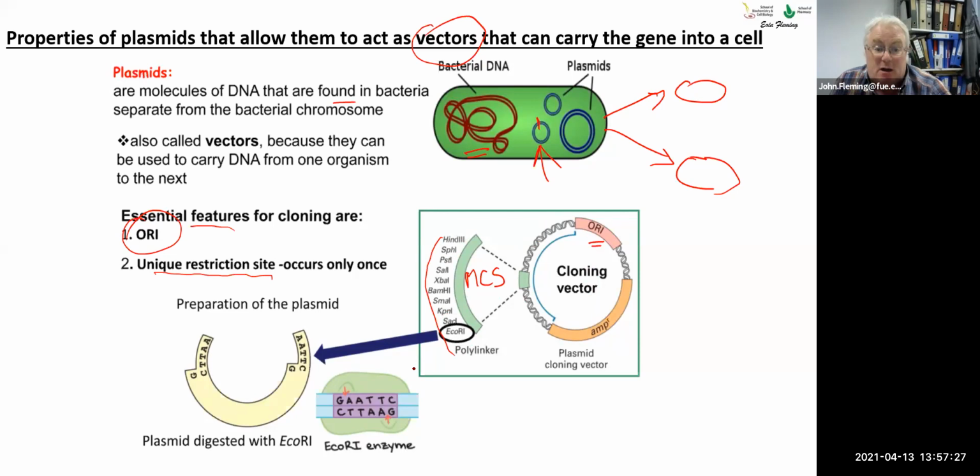What this means is that we can use specific restriction enzymes such as EcoR1 to cut open the plasmid. As shown here on the left-hand side, it creates characteristic overhangs to which sticky ends from a gene that has compatible EcoR1 sticky ends can go in and bind to that sequence using base pairing.